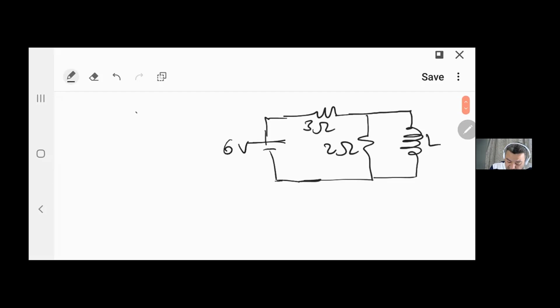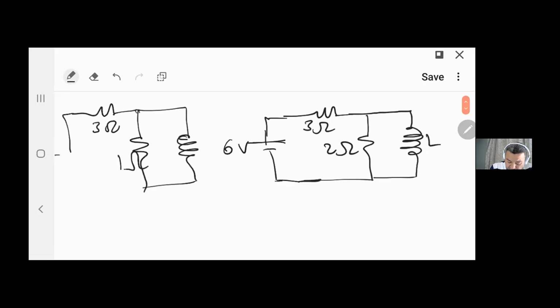Then I also have here an inductor, 1 ohm, 3 ohm, 6 volts. So the switches are closed for a long time.